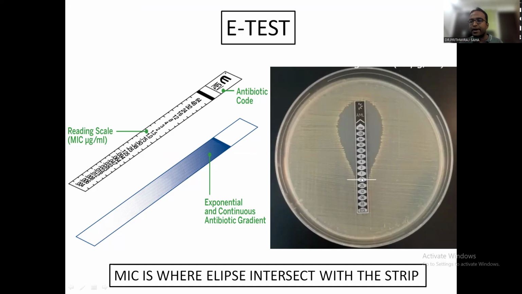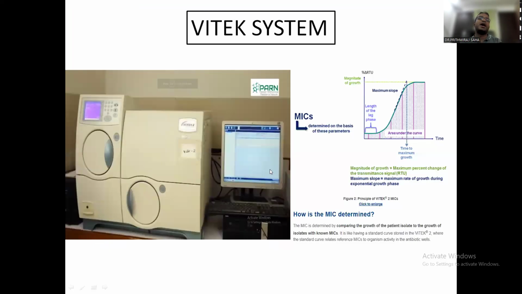So the MIC is where the ellipse intersects with the strip. This is 0.5, not 5. This 0.5 is the MIC for this drug. So this is known as the E-test or E-strip, as we say.